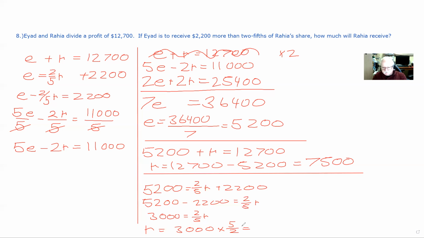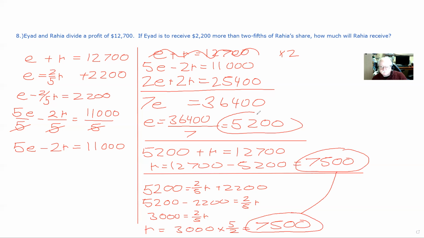So 3,000 times 5 divided by 2, luckily enough, equals 7,500.